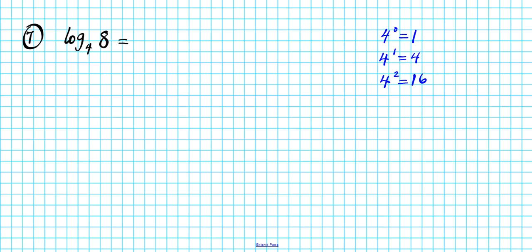What if we write this as log base 4 of 4 times 2? We have a 4 here, which is perfect, and we have a 2 here. The question is, can we write 2 as a power of 4? Well, we know that 2 to the second power is equal to 4.